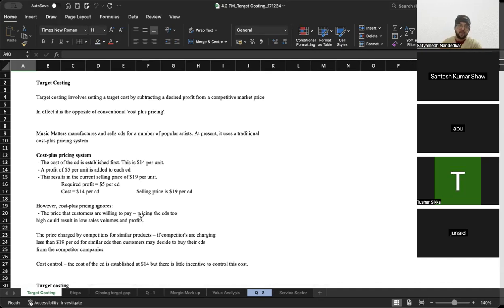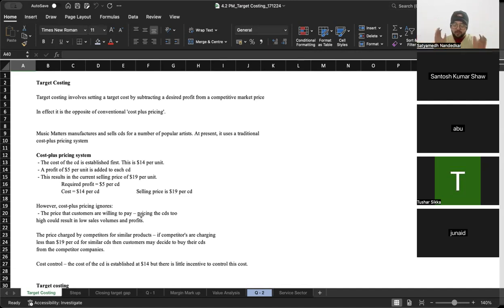Let's understand. If the business is a highly competitive business, say for example, you are making chips, Lay's. Now, if that is the business, you will realize that Lay's and Uncle Chips and Haldiram and all of them, a typical packet is sold for 10 rupees, a bigger packet is sold for 20 rupees.